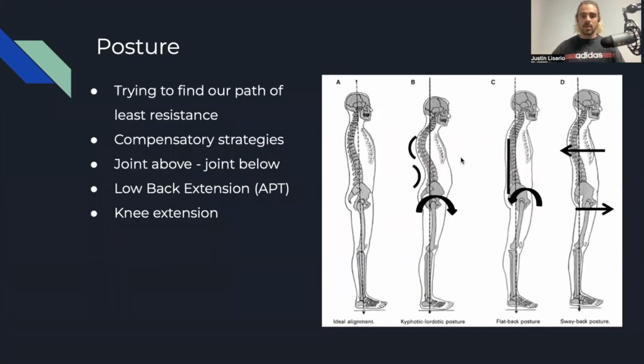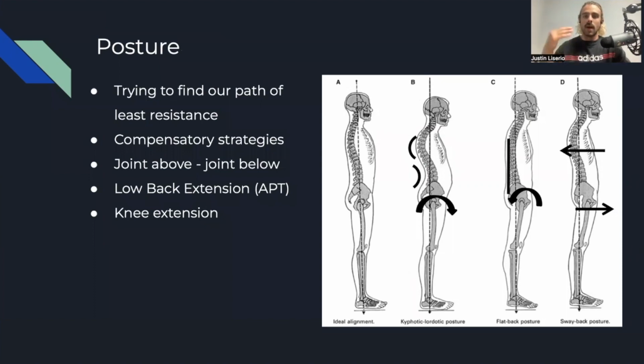So we look at how posture can affect hip extension. Posture is basically our body trying to find its neutral state and spinal alignments with the pelvis to be able to create a straight line from our ear to our shoulder to our hip down to the ground.